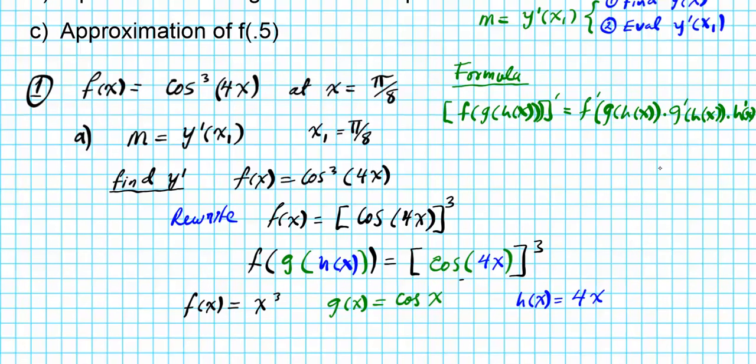Okay, this is called the outside inside rule. You work your way from the outermost function all the way to the innermost function, holding the inner function fixed as you differentiate the respective outer functions.